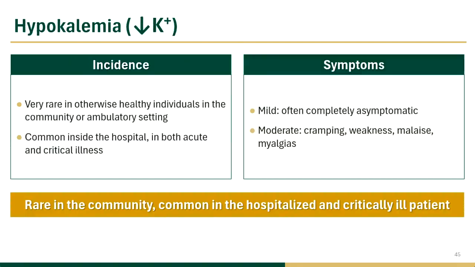So looking at hypokalemia, which is low potassium, it is pretty rare in healthy individuals. So hopefully, since all of you are here today, your potassium is not out of whack. I don't know that, but that's my guess. But in the hospital setting, because of the same reasons we talked about before, the patients have a lot of other things going on.